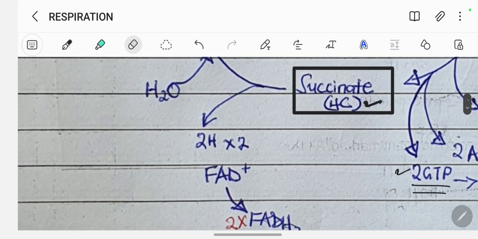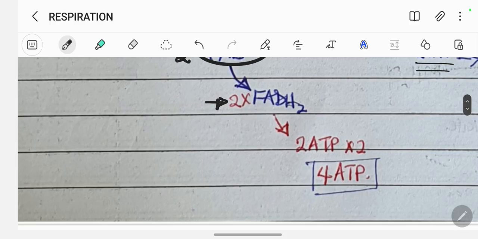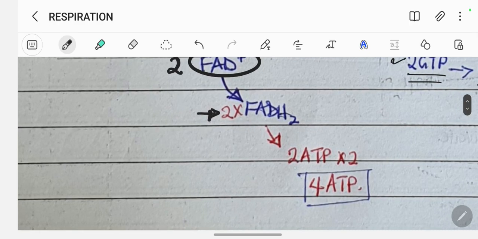It's going to be FAD just after succinic acid or succinate. We have FAD coming for these hydrogens. As FAD fetches those hydrogens, we are forming two molecules of reduced FAD. And those two molecules are going to give us four ATPs.